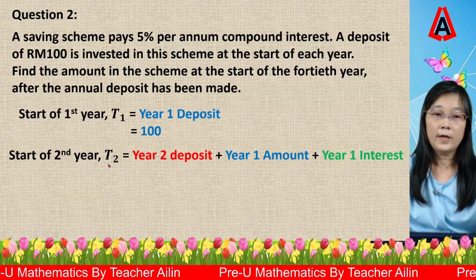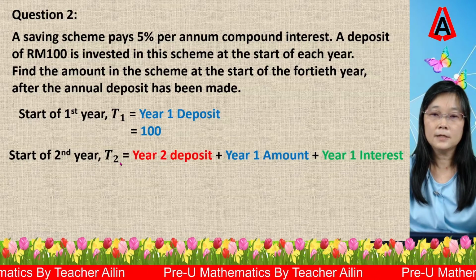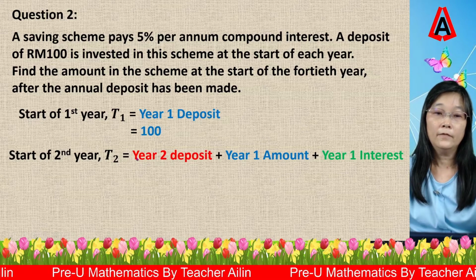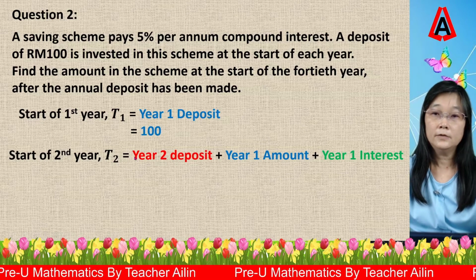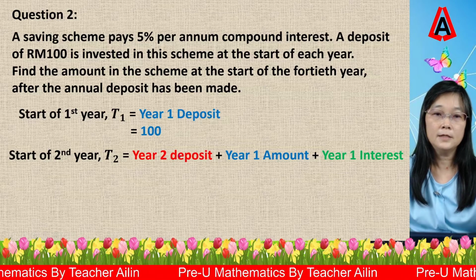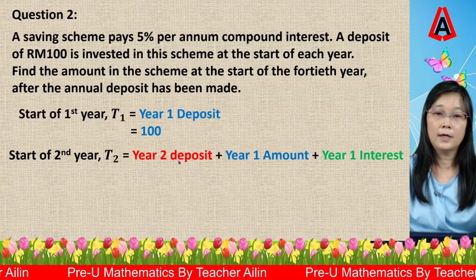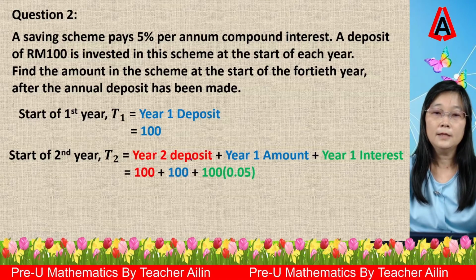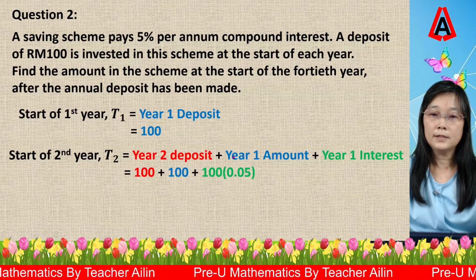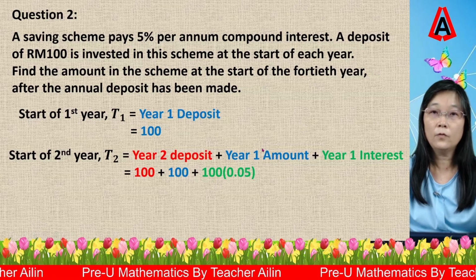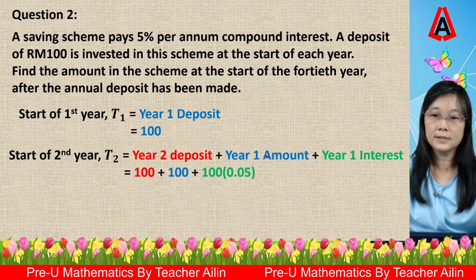So at the beginning of the second year, we will have 3 kinds of money. First one is, during the beginning of the second year, we will deposit another 100 ringgit. Then another one is 100 ringgit, which is carried forward from the first year.